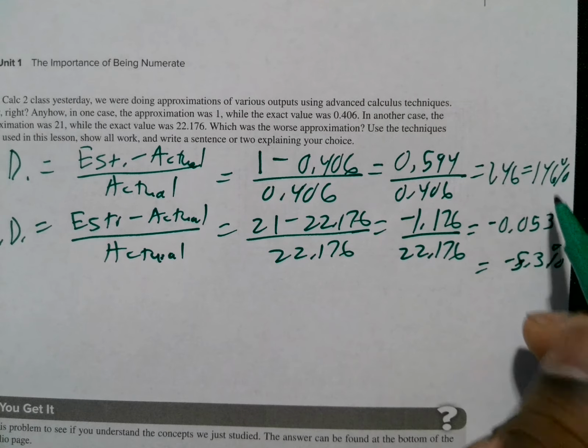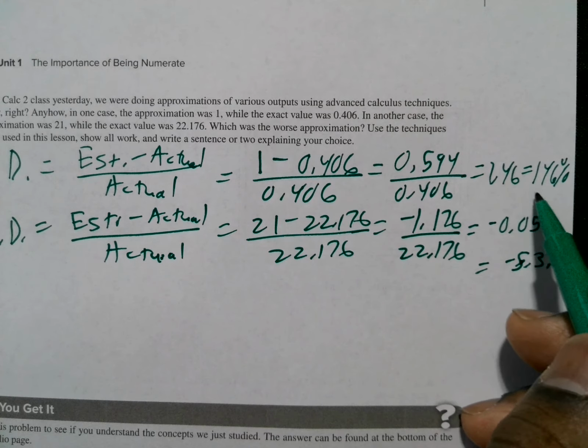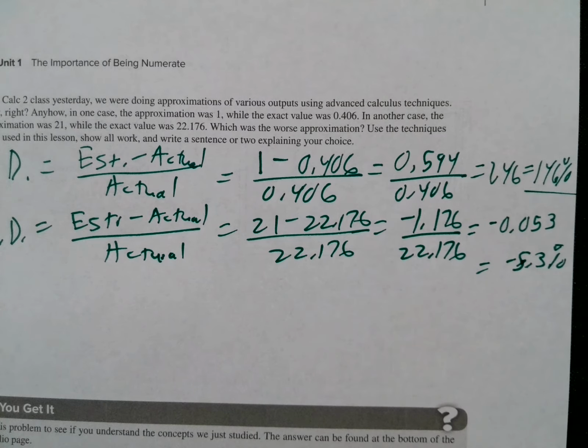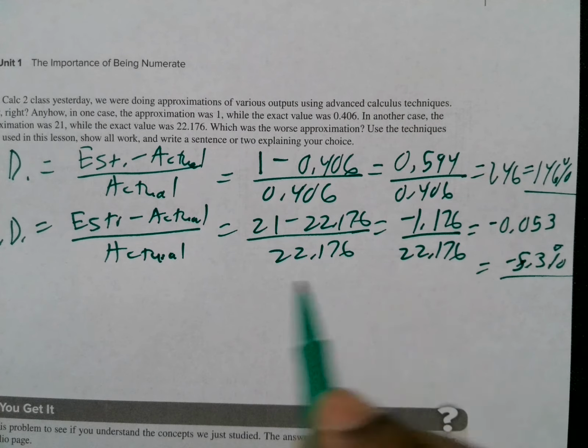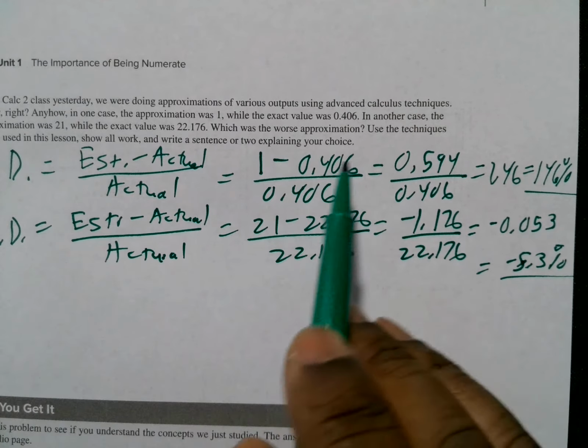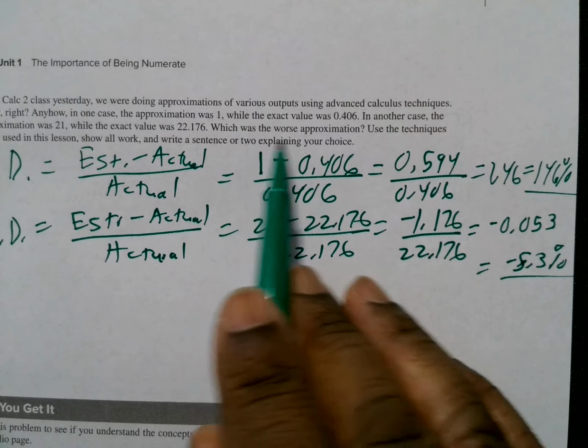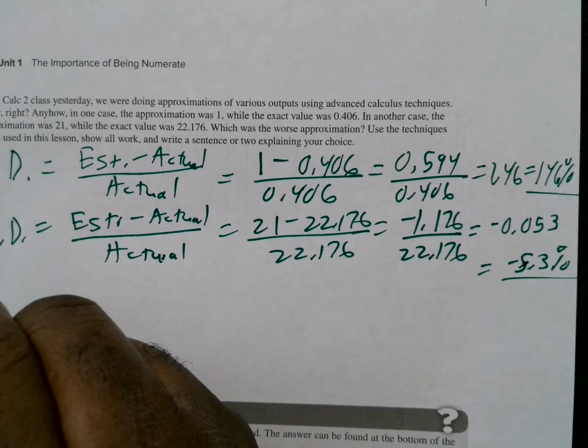Okay, now, if you notice here, this went up by 146%. This only went down by 5.3%. So basically, they asked us which was the worst approximation.